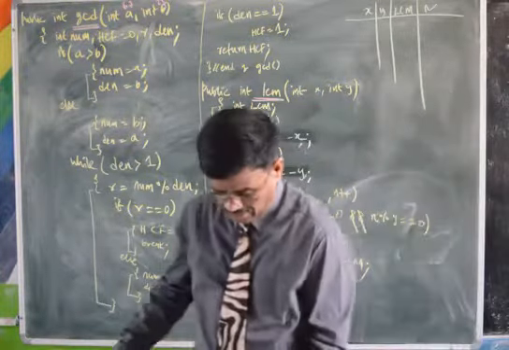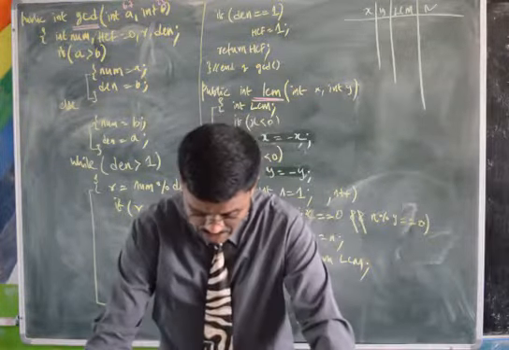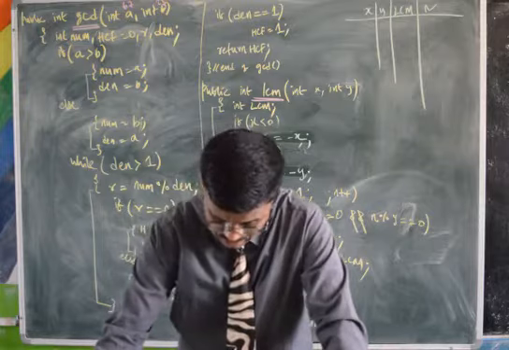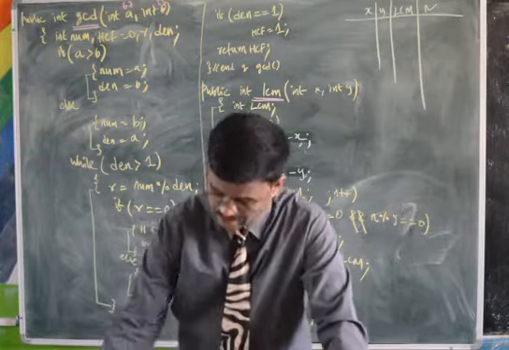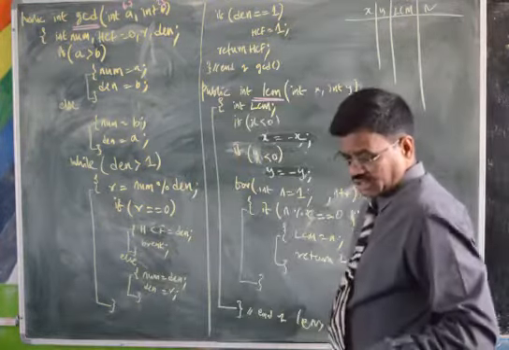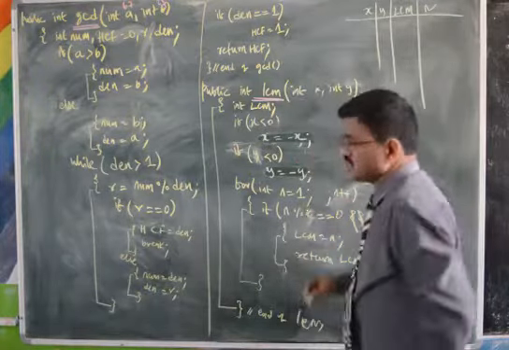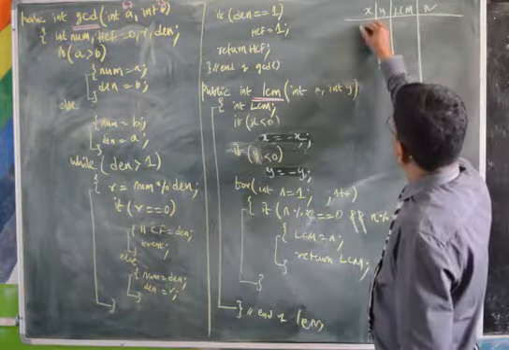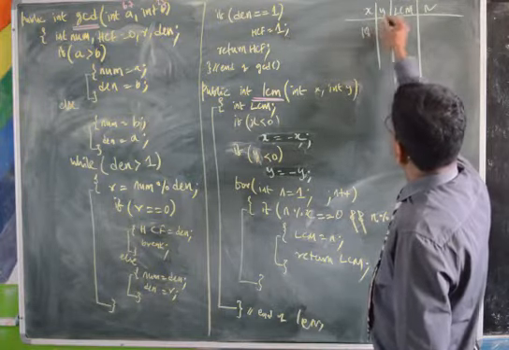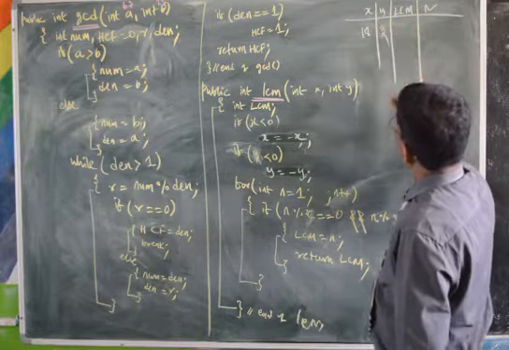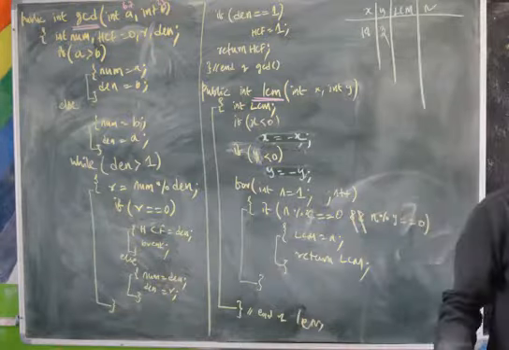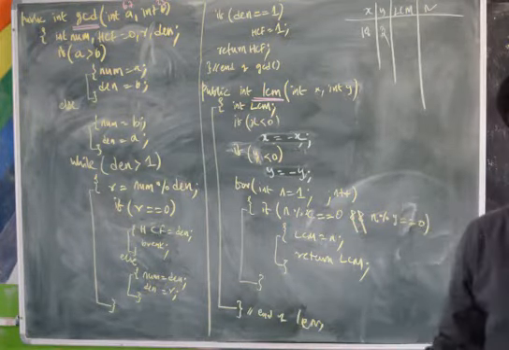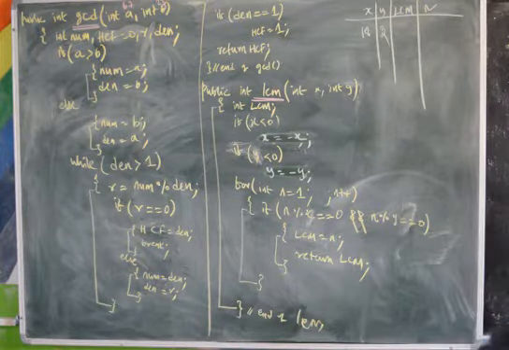Now, let me take the numbers. Let's say the LCM of 18 and 3. Any number you can give.